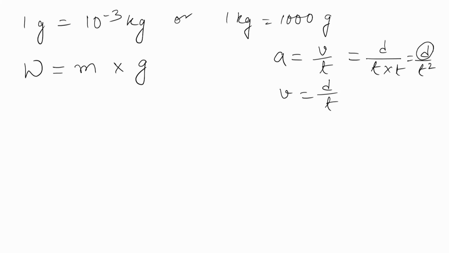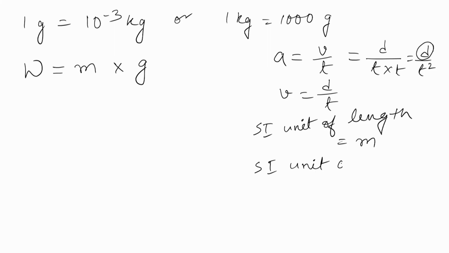The unit of distance is similar to the unit of length. SI unit of length is meter, and SI unit of time is second. So the unit of acceleration will be meter by second square, or we can write meter second to the power minus 2.